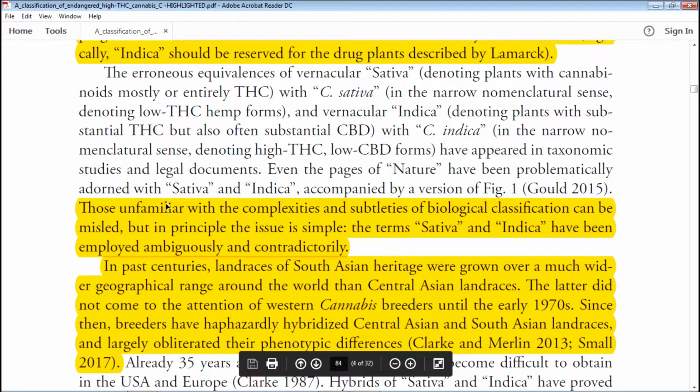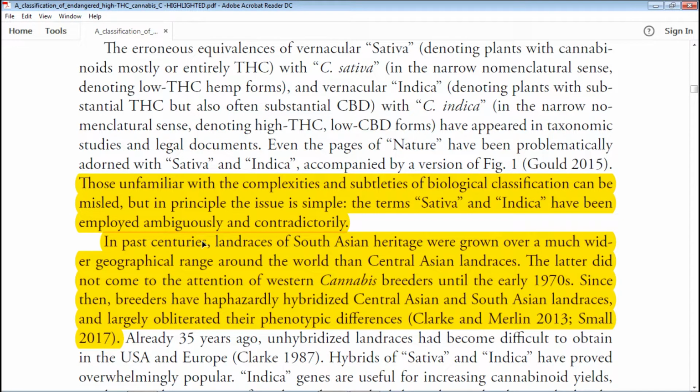Those unfamiliar with the complexities and subtleties of biological classification can be misled, but in principle, the issue is simple. The terms sativa and indica have been employed ambiguously and contradictorily. In past centuries, land races of South Asian heritage were grown over a much wider geographical range around the world than Central Asian land races.